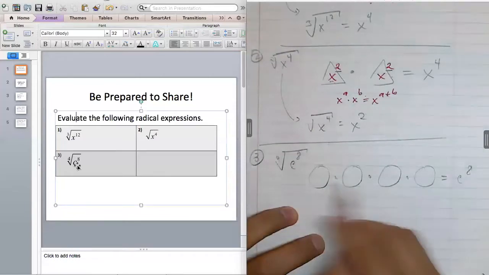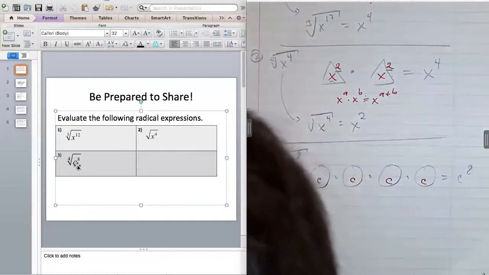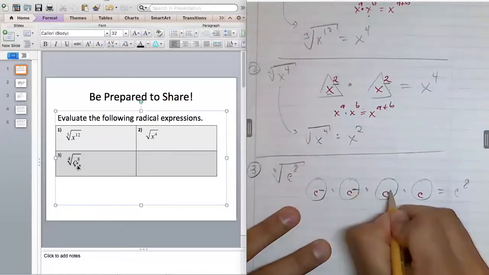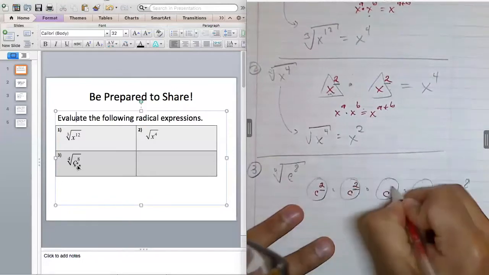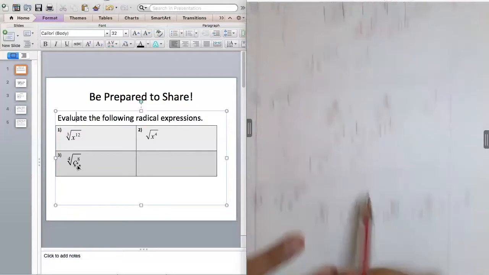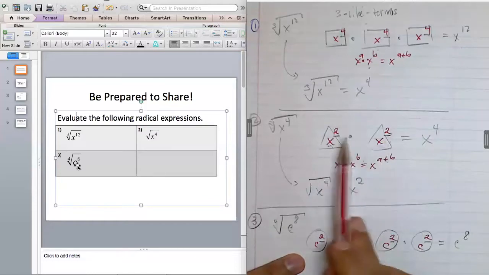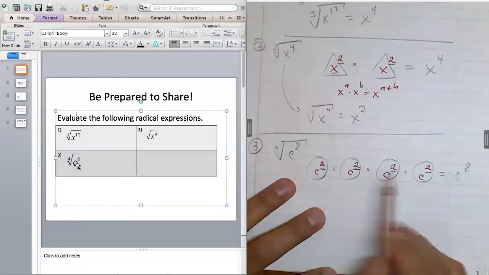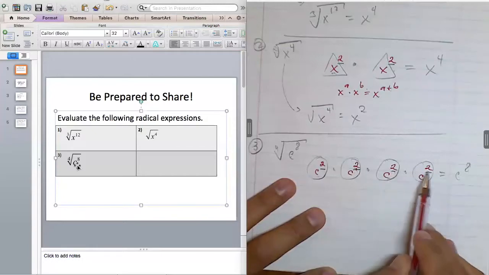We know that it has to have all c's. So what do we think is the power of each one of these? 2. Because all we're doing is putting the bases together and adding the exponents. So 2 plus 2 plus 2 plus 2. 2 plus 2 is 4, and then plus another 4 is 8.